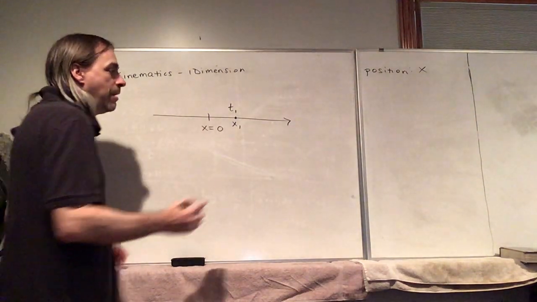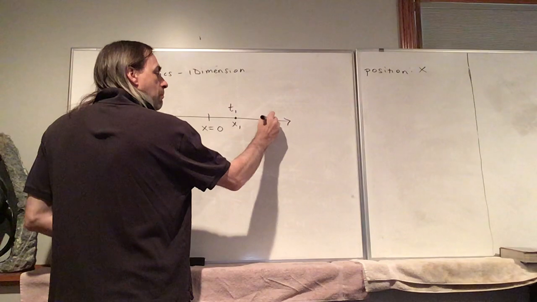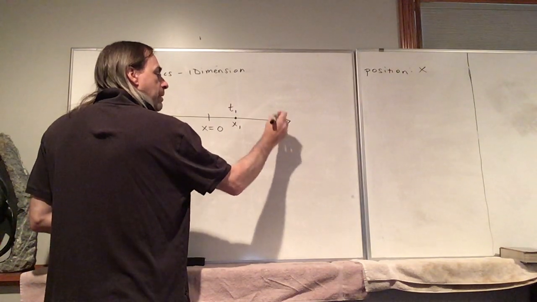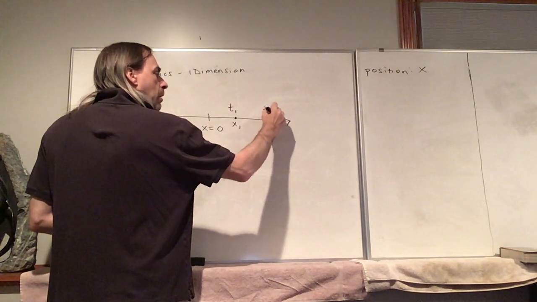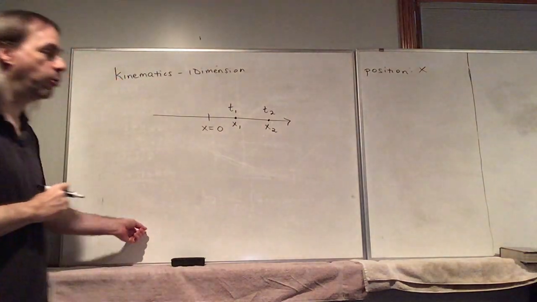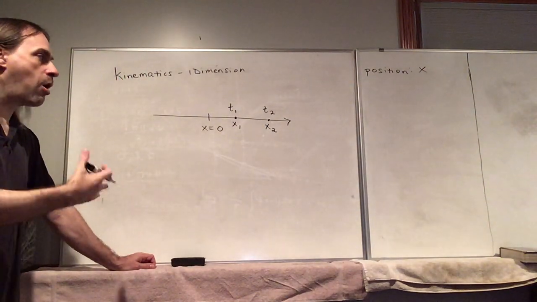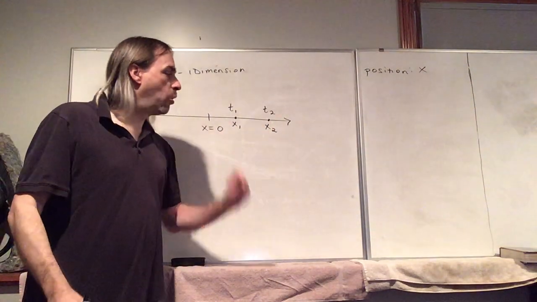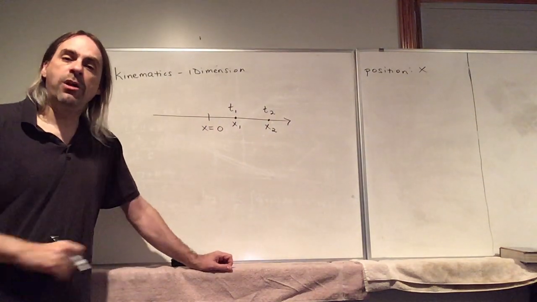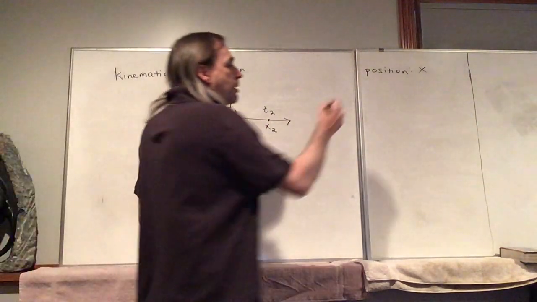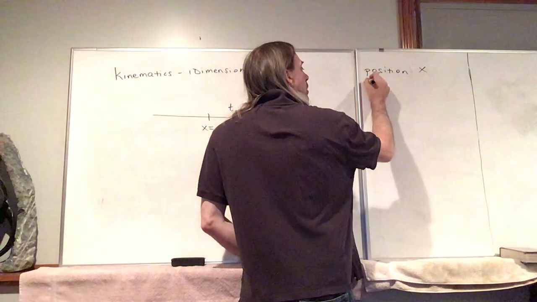Later on, it might not be at that same place. So later on, we could say it's at position x2 at time t2. And so overall, the object moved from x1 to x2, and we're going to find something else called displacement.